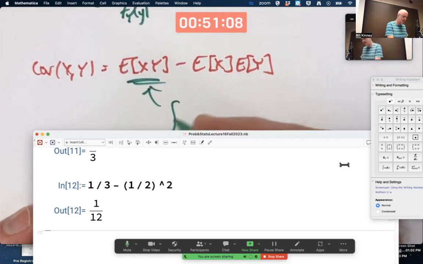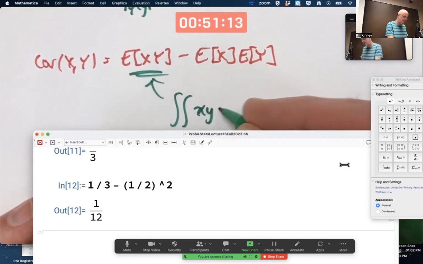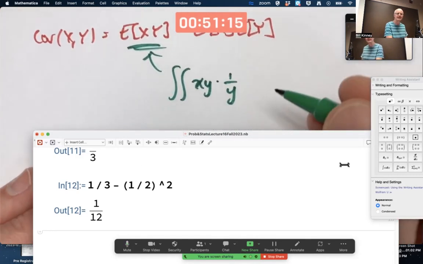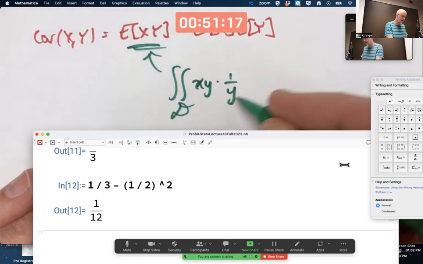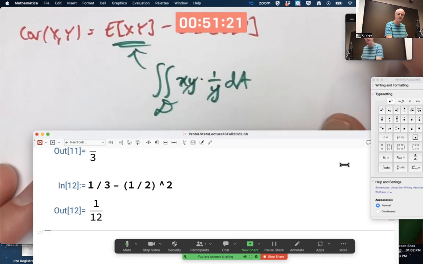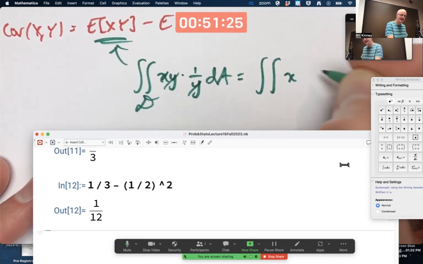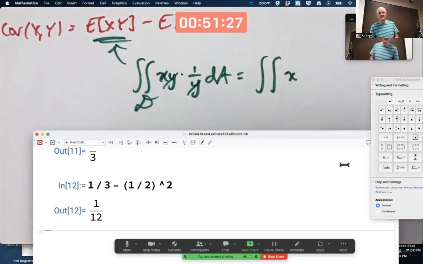This would be the double integral of x times y times the joint PDF, which was 1/y, over the entire domain D. dA is the way you write this in the abstract. The y's cancel, so you are ultimately just integrating x. And it doesn't matter whether you do it with respect to x first, then y, or vice versa. Should get the same thing.